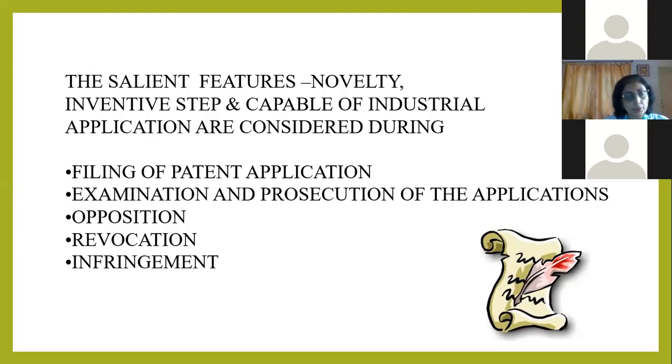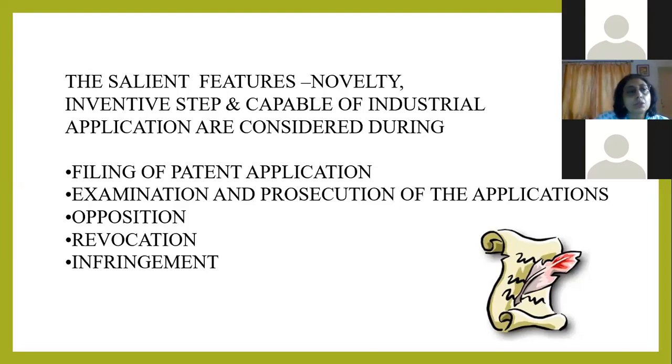That is, while we are drafting the patent application to be filed, we have to keep in mind that these should be novel, they should be inventive and capable of industrial application.